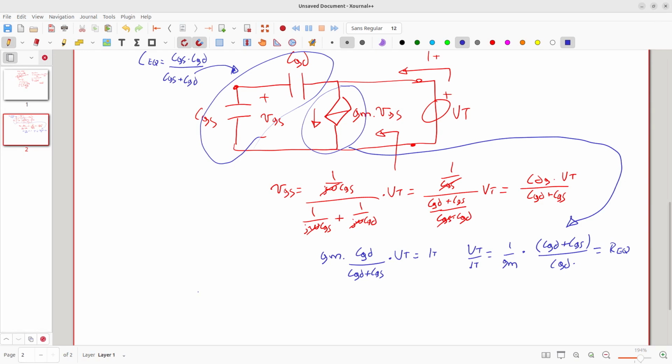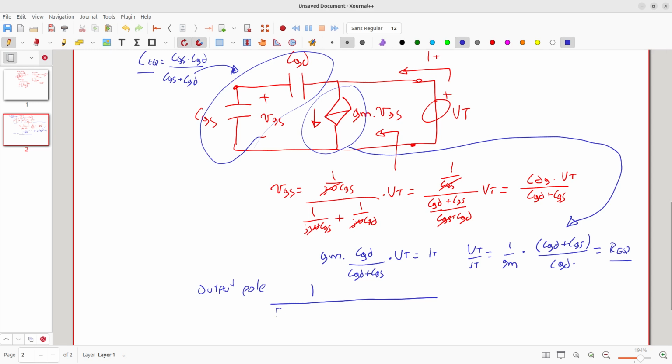we have that the output pole will depend on this equivalent resistance and this equivalent capacitance. So the output pole will be located approximately at 1 over, and we have something big here, and then we have the equivalent resistance.